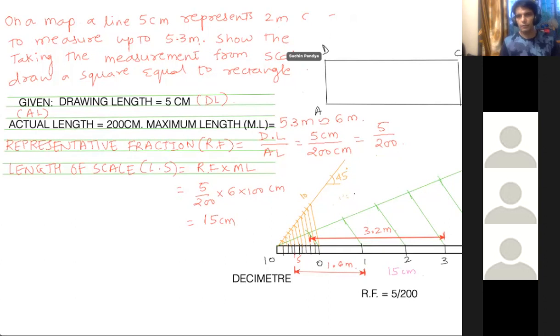Once you have a rectangle, what we need to do? We need to draw a horizontal line from AB, right? Length of AB is 3.2 meter, and length of AD is 1.6 meter, because we took 1.6.